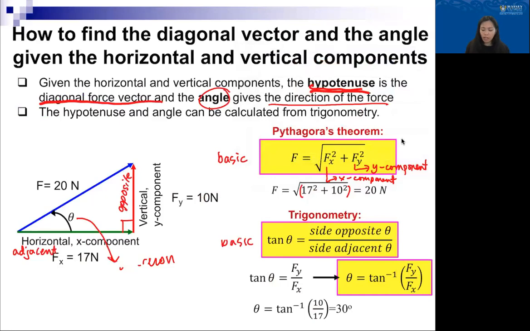So what you do here is divide them first, 10 divided by 17, and then you get the inverse tangent of that. You should get 30 degrees for the direction.